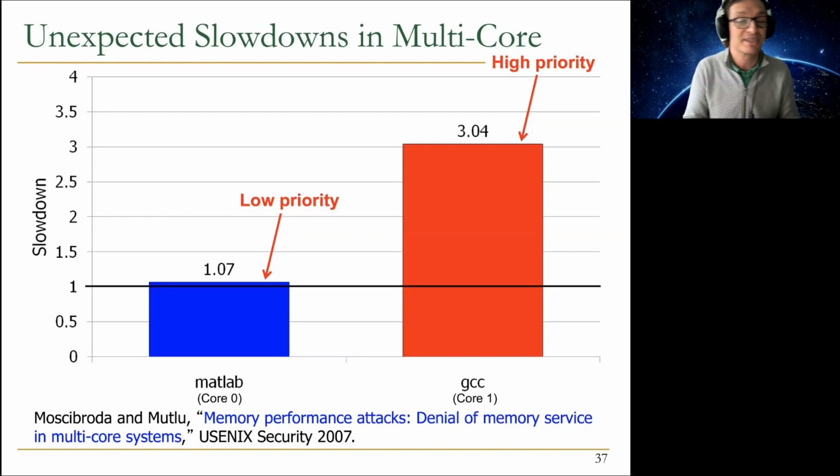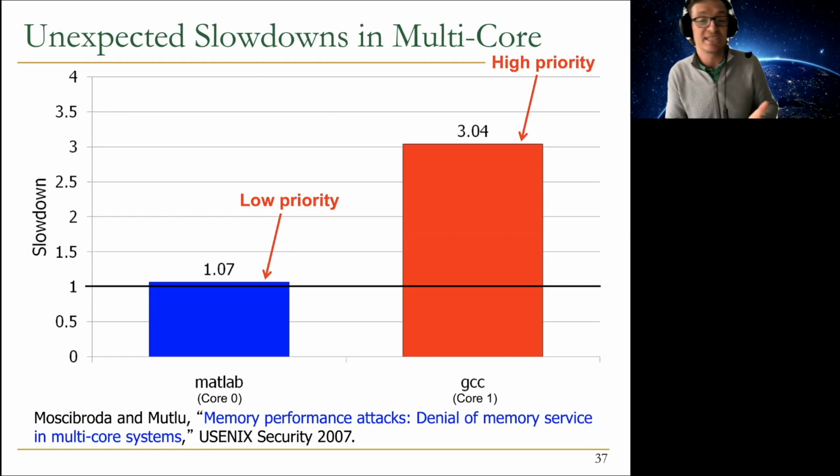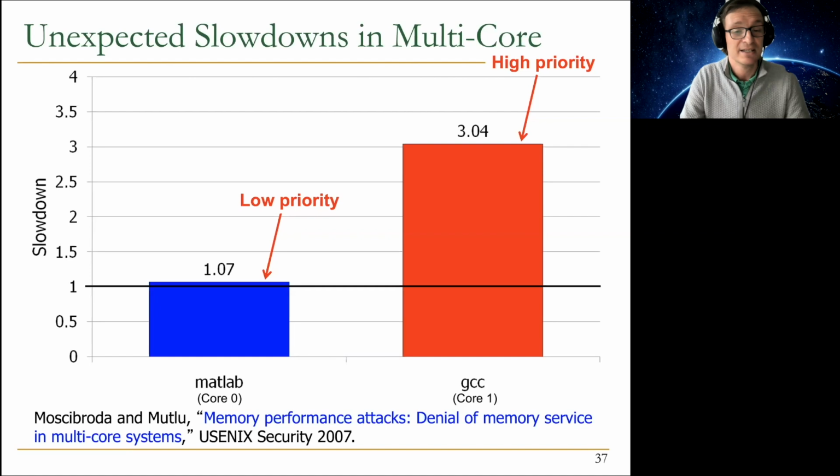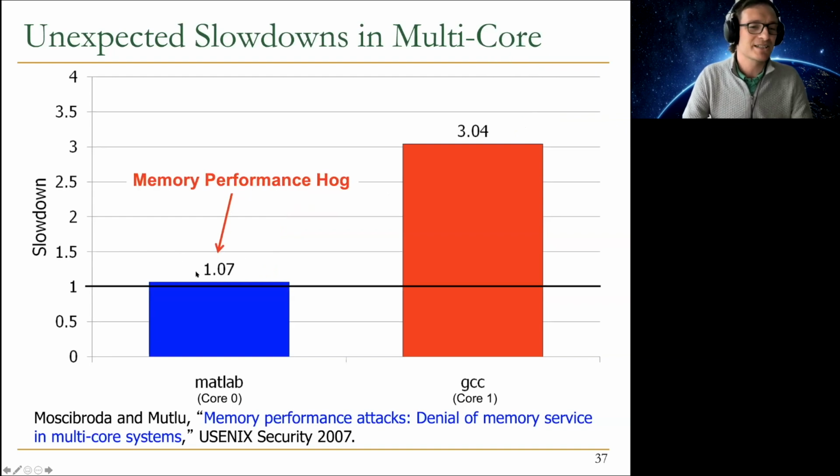The operating system is somehow not scheduling GCC or not prioritizing GCC. So in your favorite operating system, you change the priority and make MATLAB low priority and GCC high priority, and nothing changes, which indicates that it's not an operating system level problem. We call this a memory performance hog.